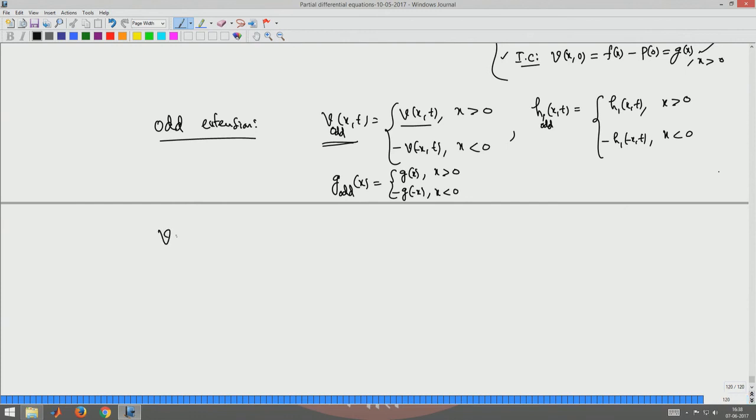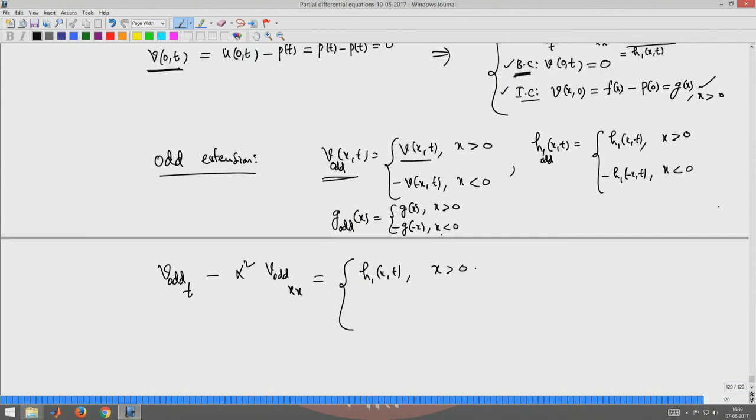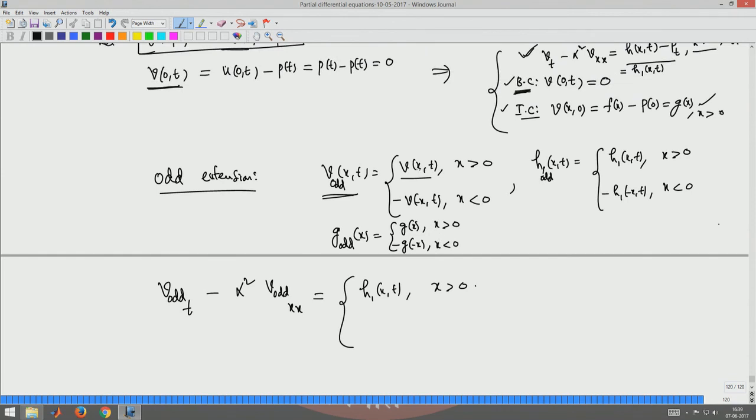So, you will see what v odd satisfies. v odd, a function of x t, satisfies v odd t minus alpha square v odd x x equal to h1 of x t for x positive. That is clear, because for x positive v satisfies this non-homogeneous equation.